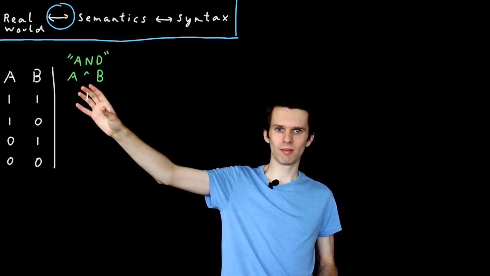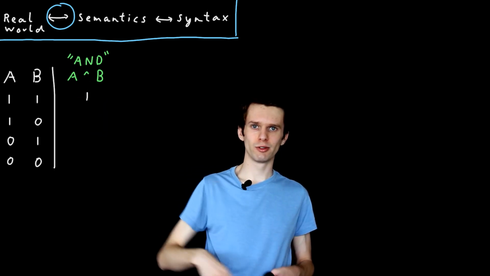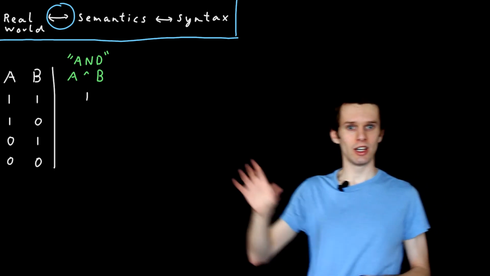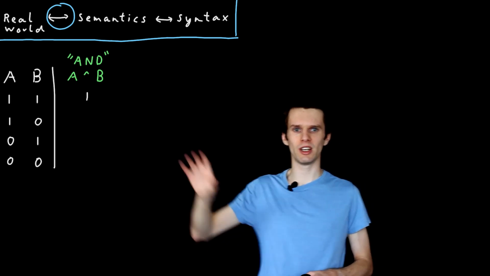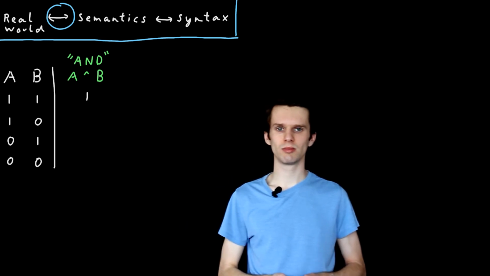So the compound sentence, the sky is blue and the grass is green, is true. 1. Note this little hat symbol here is a shorthand for AND. And we're going to define that more rigorously in the next video. This is actually part of the syntax of propositional logic. For the minute though, just think of these columns as representing natural language sentences.